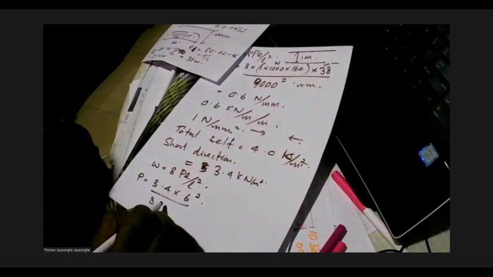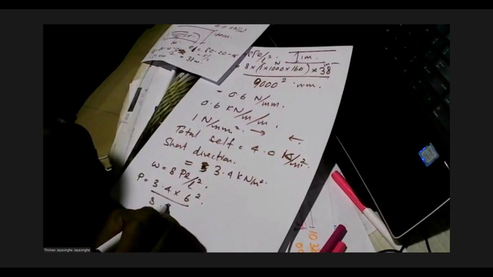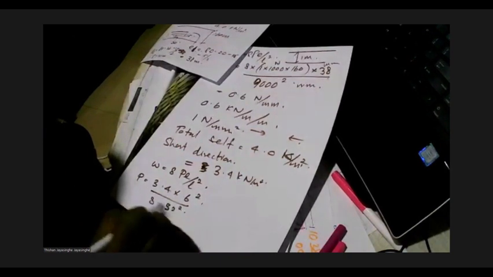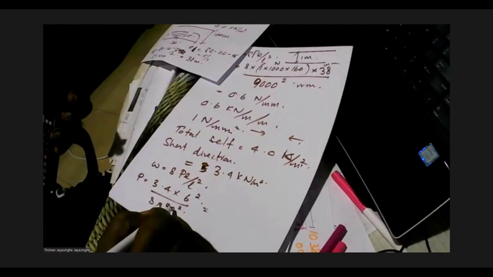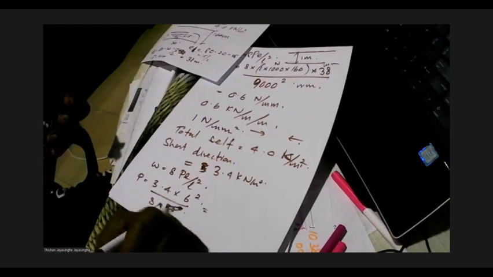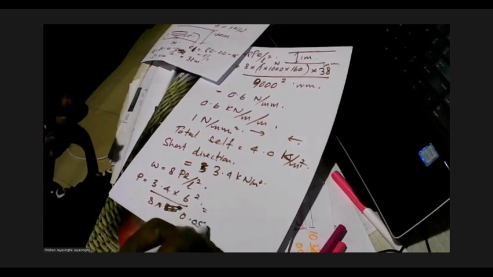Eccentricity in the short direction is 52, 52 squared. From this you can find the pre-stress force P. 8, 0.052.